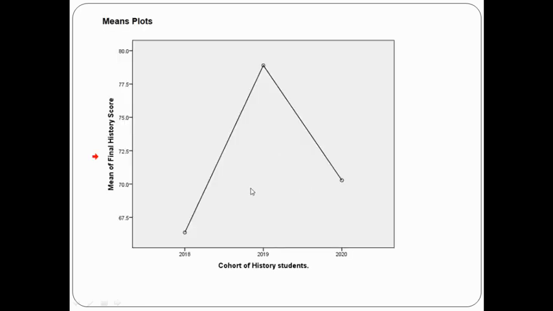So, ladies and gentlemen, we go to the last slide here for movie 3. So this is the mean plot that we asked for from SPSS. As you can see, this is the y-axis, this is the x-axis. The y-axis tells us about the mean score of final history, the final score for the history course, and the x-axis displays the cohorts of history students.